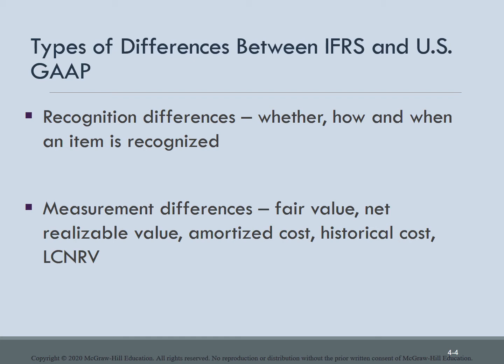So we talked a bit about fair value and some of the other measurement bases in the last PowerPoint. Some of your options are fair value, net realizable value, amortized cost, historical cost, and lower of cost or net realizable value.